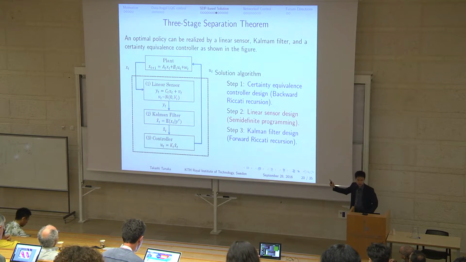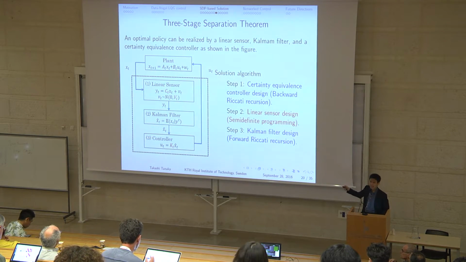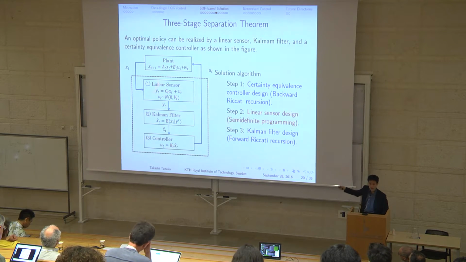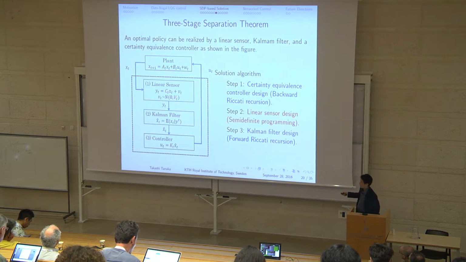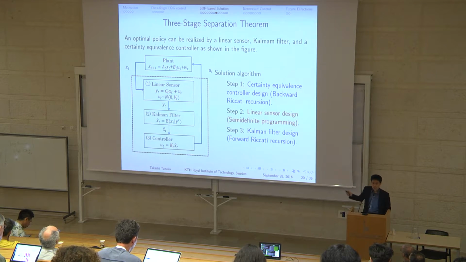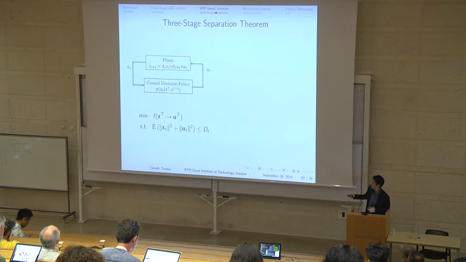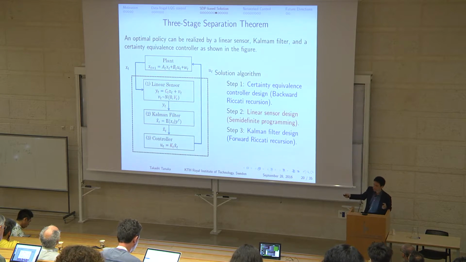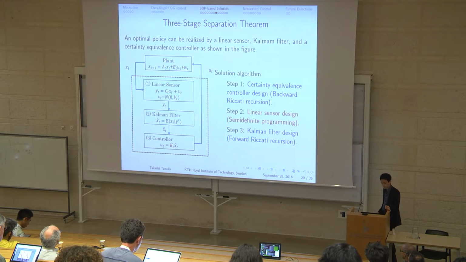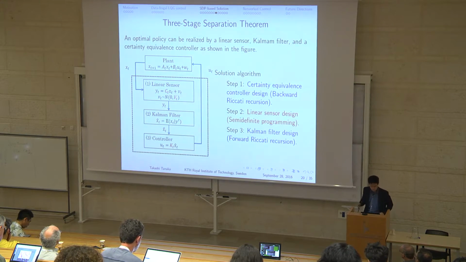And there are a couple of interesting observations here. First of all, the optimal policy is linear. This is a linear process. And second of all, there exists a finite dimensional sufficient statistic. Although you are allowed to remember everything from the past, in fact it is sufficient to remember this x hat only. This is an implication.